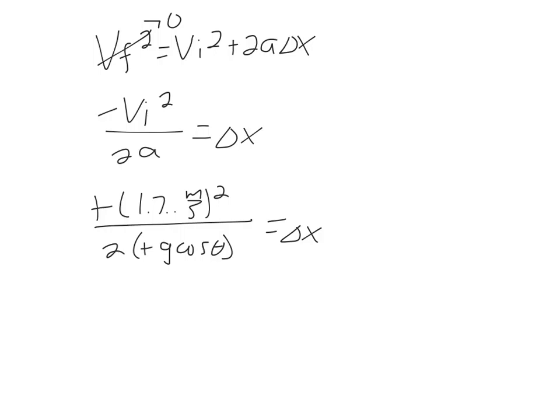The box is moving in the positive direction, so delta X should be positive. This number will come out to 0.400, keeps on going, meters for delta X. Only one sig fig, so delta X is approximately 0.4 meters.